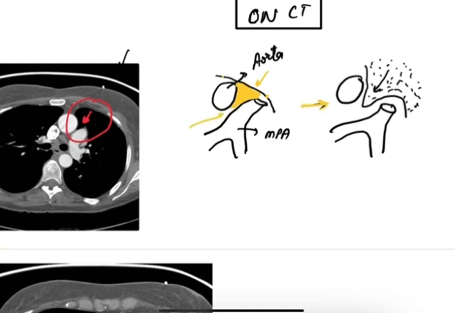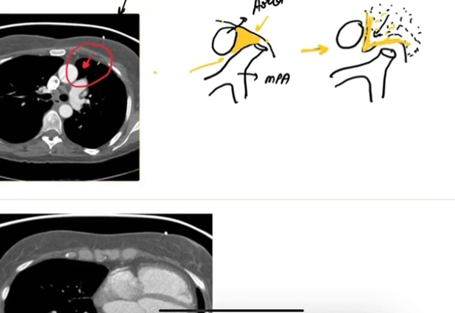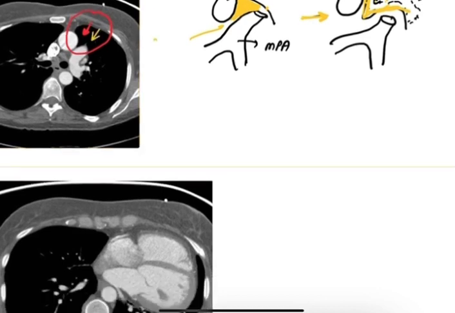But in pericardial agenesis, due to the absence of pericardium, lung tissue is present in this AP window or aortopulmonary space. You can see this CT image where lung tissue is seen invaginating in between aorta and main pulmonary artery.